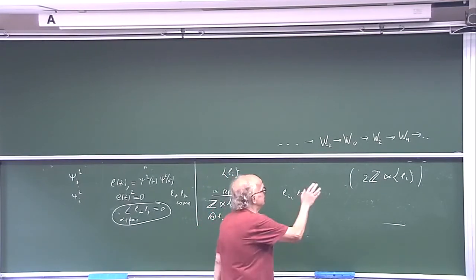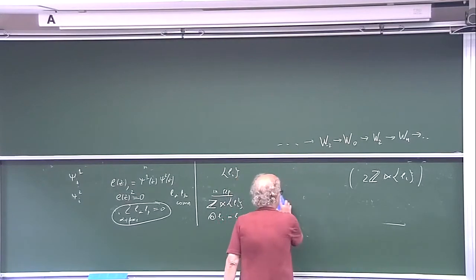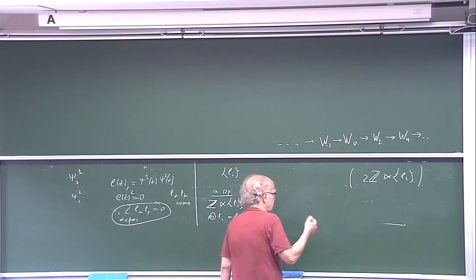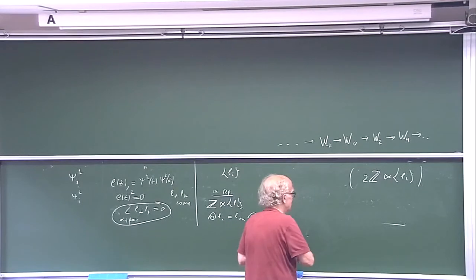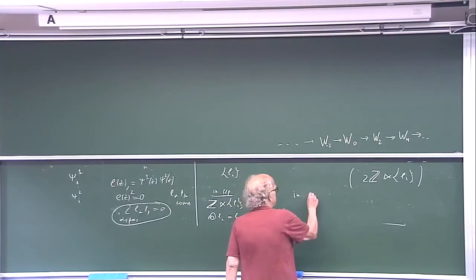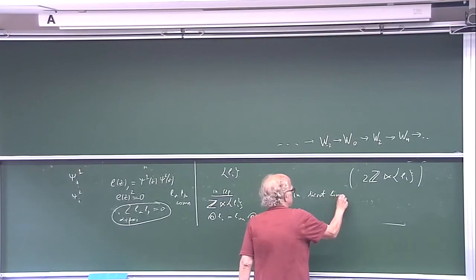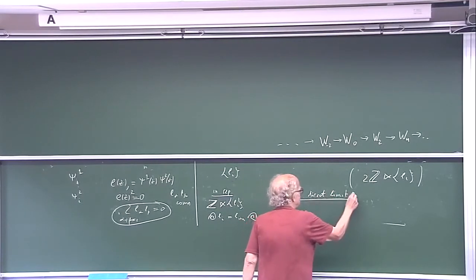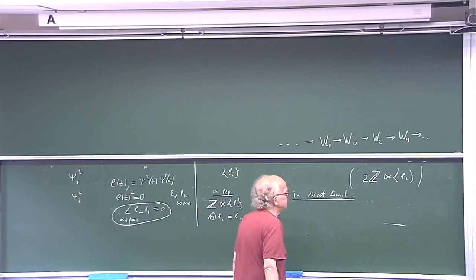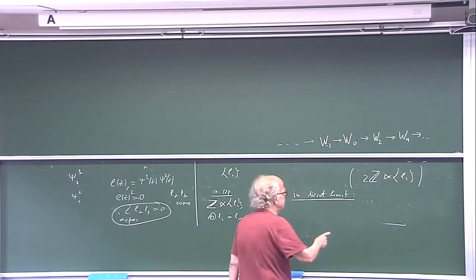Then in the direct limit, from that we can deduce that the basis is given by similar stories.